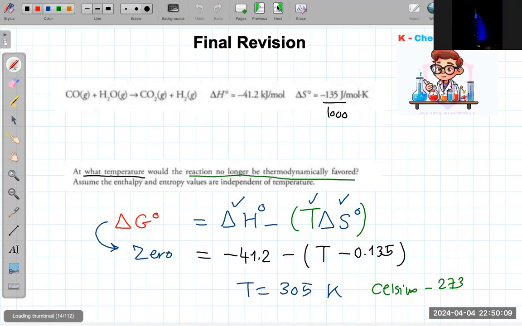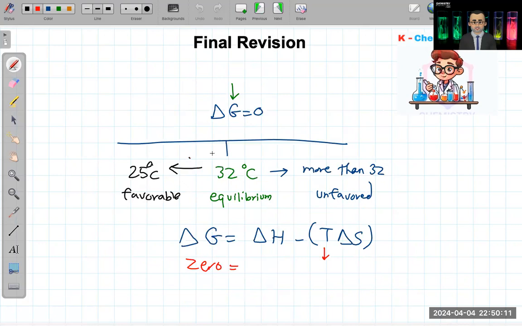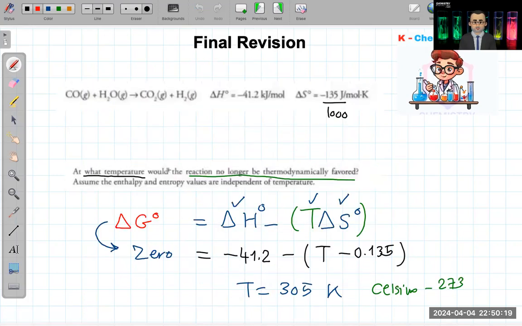So anything less than 32, including 25, is favored, but anything more than that will be unfavored. So he is asking, at what temperature would the reaction no longer be thermodynamically favored? I will tell him anything more than 32 degrees centigrade or 305 Kelvin.